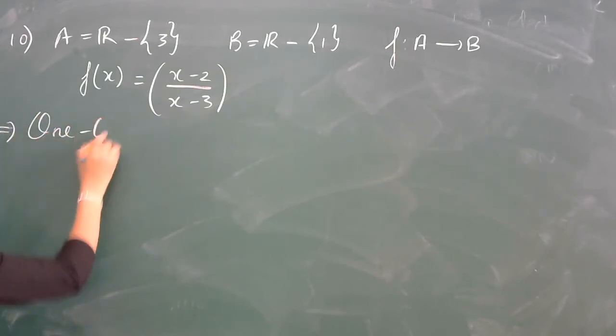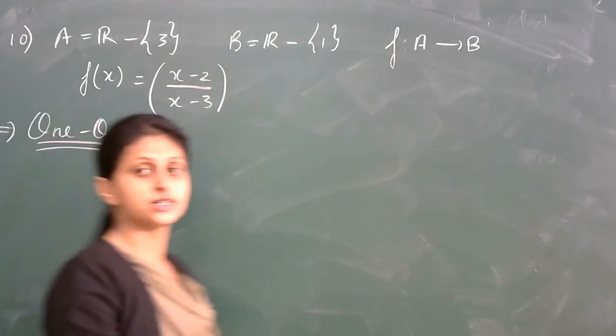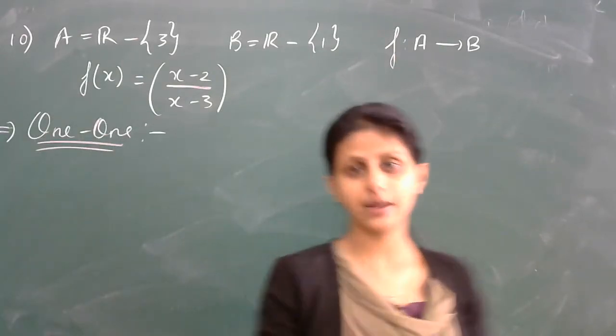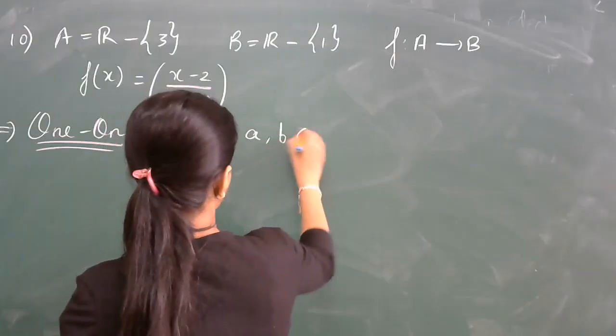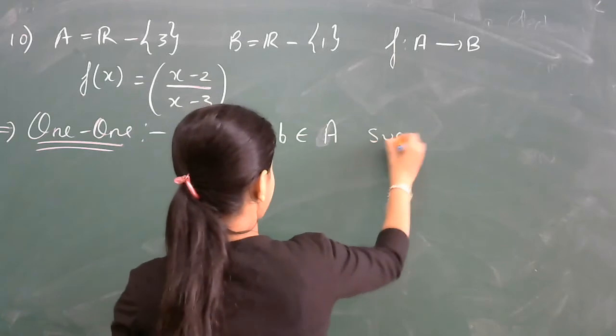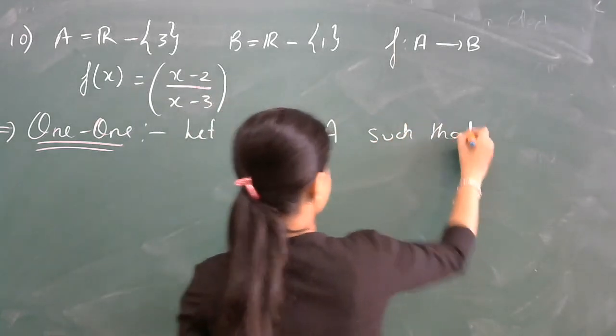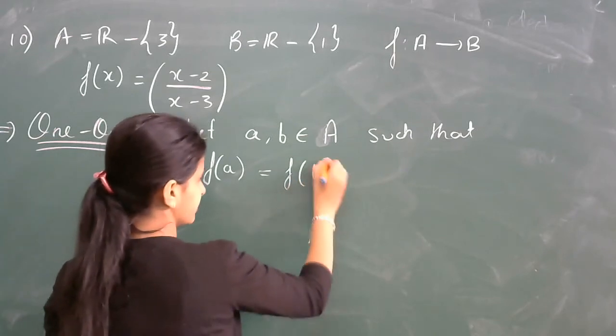So to check 1-1, what will we consider? We will consider two elements from the domain such that their images are the same. So let me take a, b belonging to my capital A such that f of a is equal to f of b.